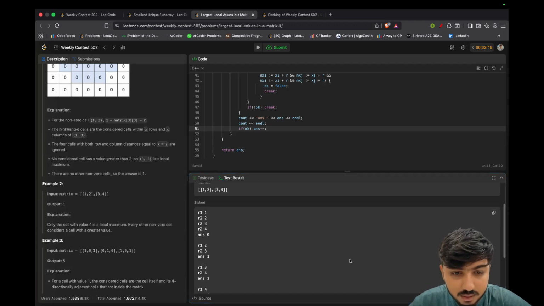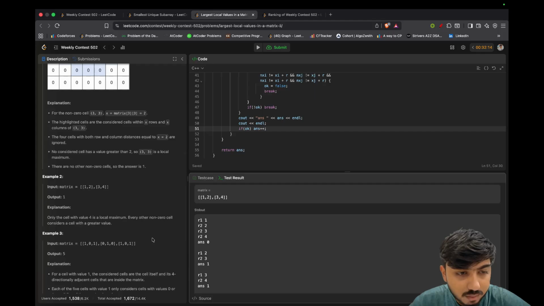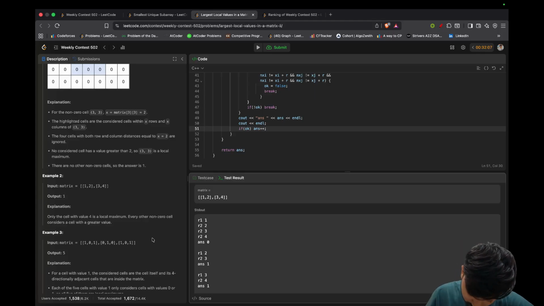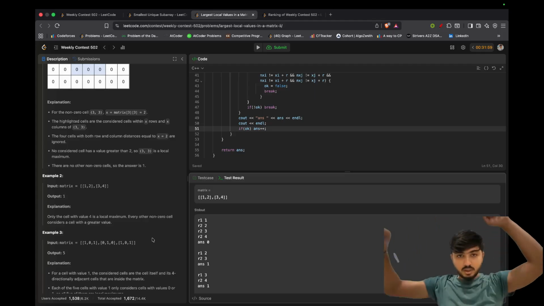Okay, if answer is 0, 2 we get answer is 1. 1 2 3 4. 3 is there, right?